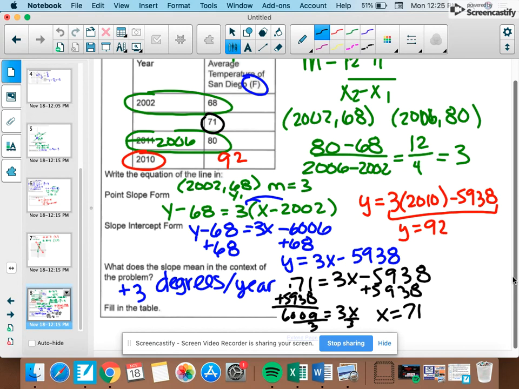So we get x equals 2003, not 71. So then the year that it was 71 degrees is 2003.